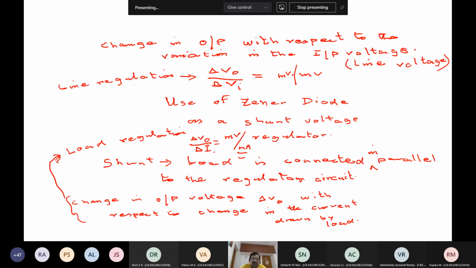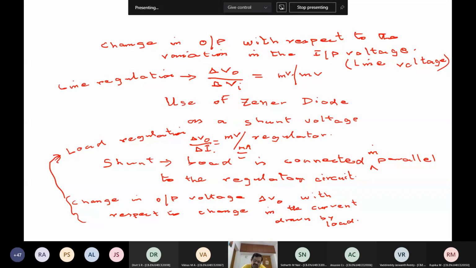With this background, let us proceed to this problem and understand how these parameters are affected with the load and without the load when a Zener diode is used in the construction of the shunt voltage regulator. I told you, the load is connected in parallel to the regulator circuit; whenever it is connected in parallel, we use the word shunt.